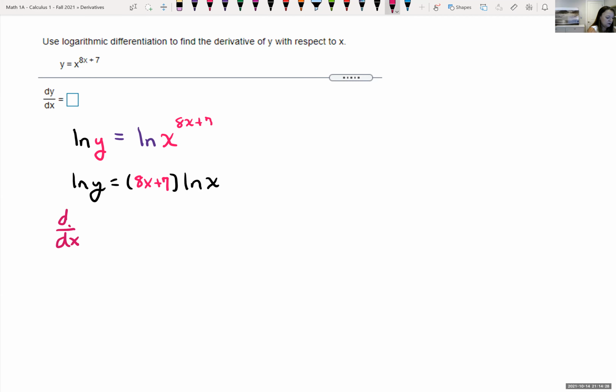And we're going to need to apply implicit differentiation. So the derivative of natural log of y, that's 1 over y times the derivative of y, which we're going to write as dy dx.